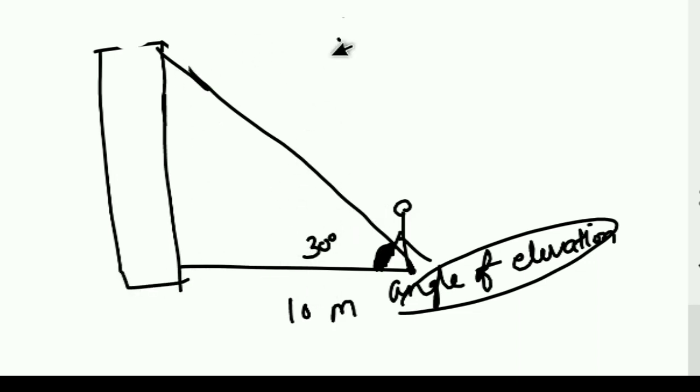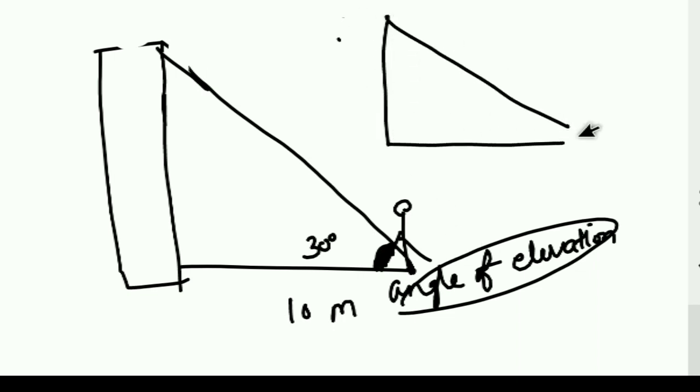Since you know that the height of the building is always at 90 degree to the ground, this is the basic knowledge that you should have, this will be your 90 degree angle, and this is the distance between the person and the building. This is 10 meter given, and you can consider this line as the hypotenuse, and this angle is given as 30 degree.